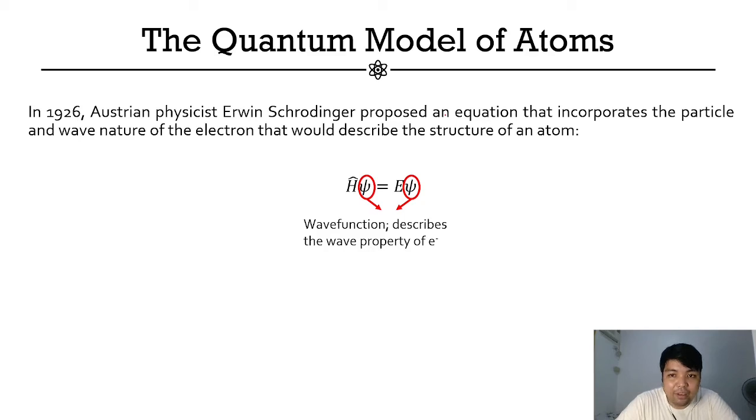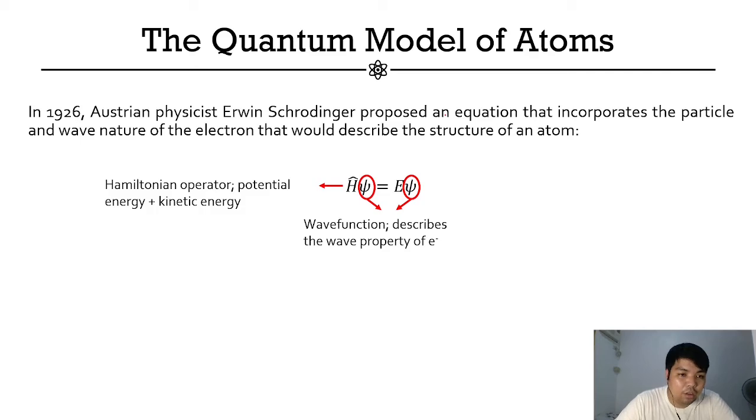H hat here is what we call the Hamiltonian operator. The Hamiltonian operator is like a command that carries out a certain action towards a function. Think of it as if you had calculus during your senior high school.